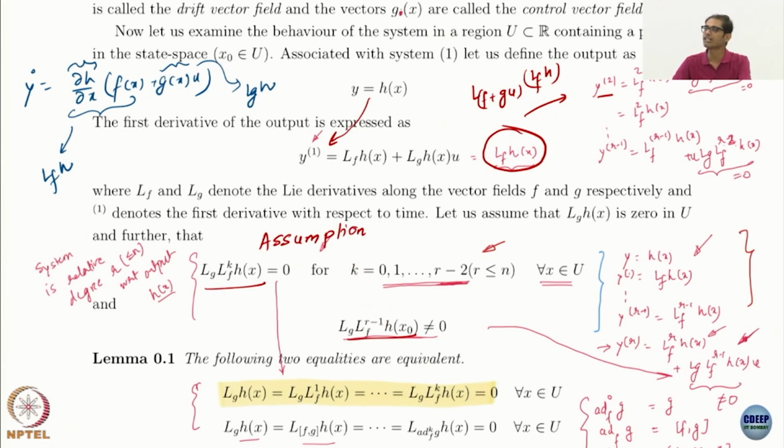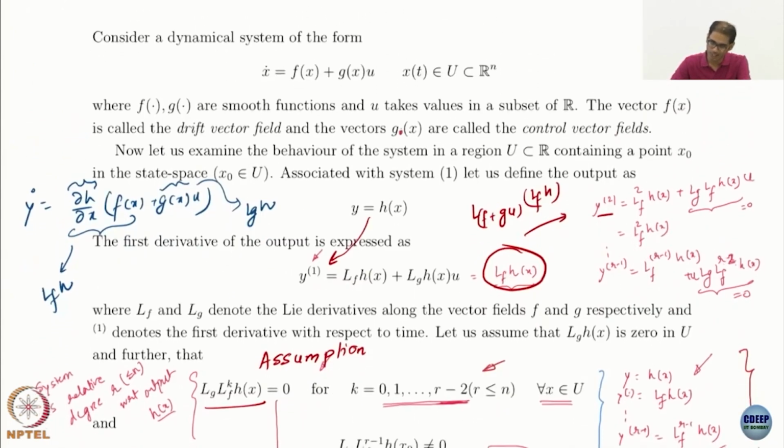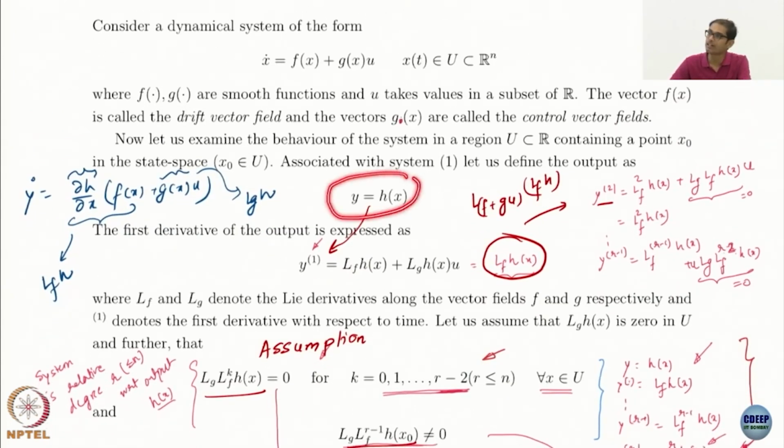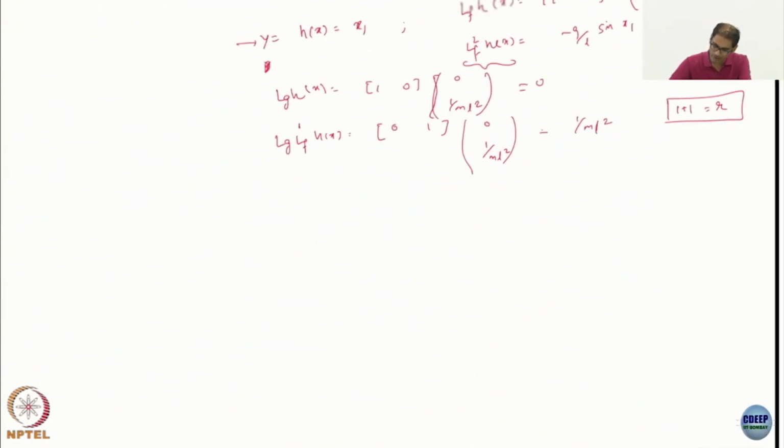This is called the relative degree of the system. It is nothing very complicated. It just tells you how many times I have to take the derivative of the output to get the input in the equation.